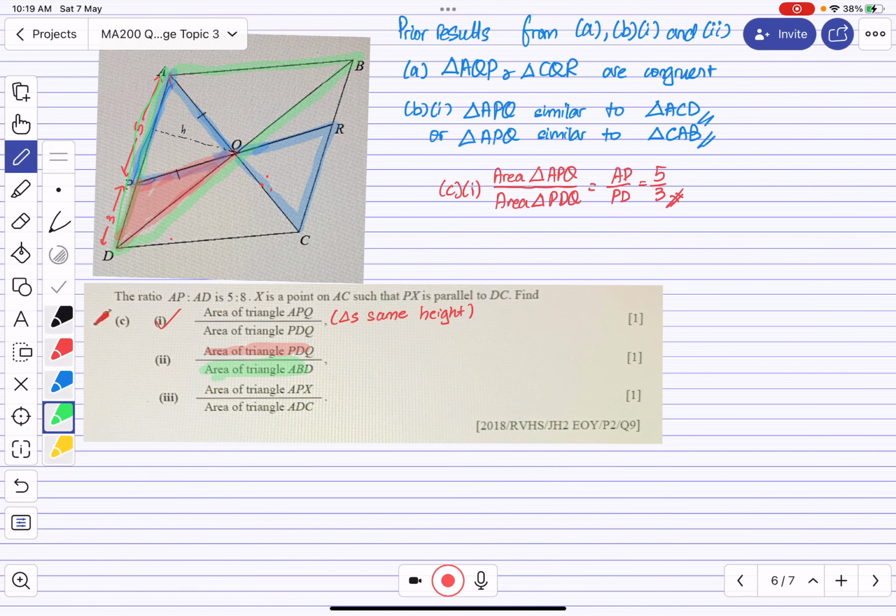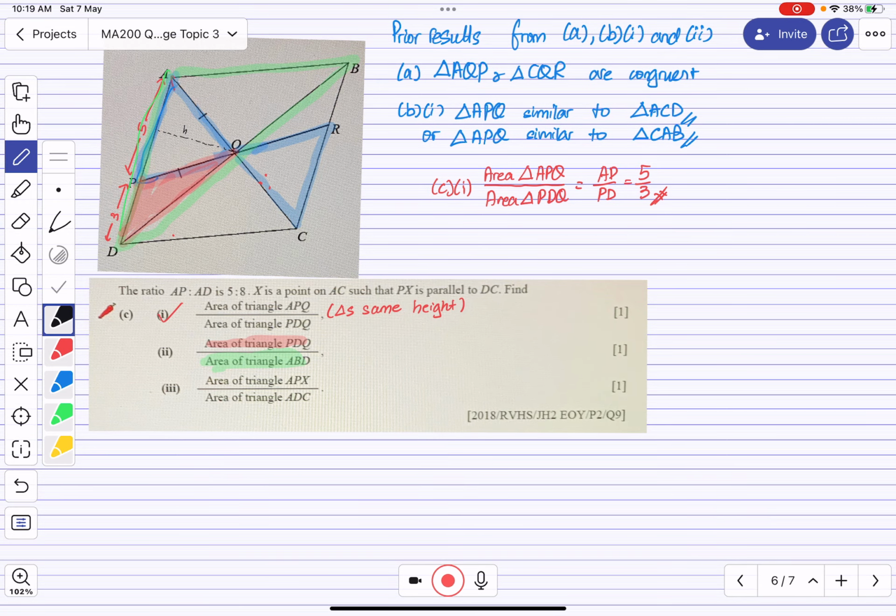What I want to show you is that triangle ABD and triangle AQD have the same height. Also, we are talking about a rhombus, so DQ is equal to QB, and the ratio is 1:1.